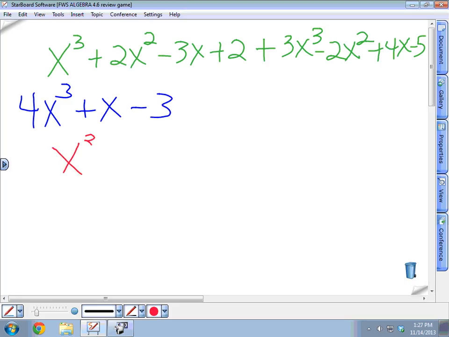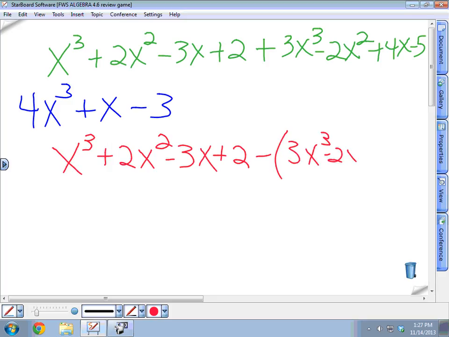Let's subtract these things now. x cubed plus 2x squared minus 3x plus 2 minus 3x cubed minus 2x squared plus 4x minus 5.